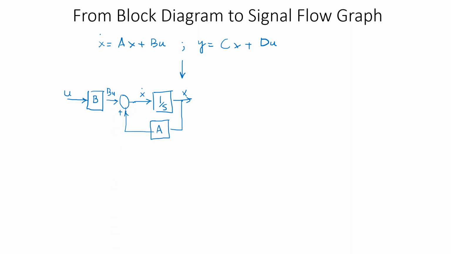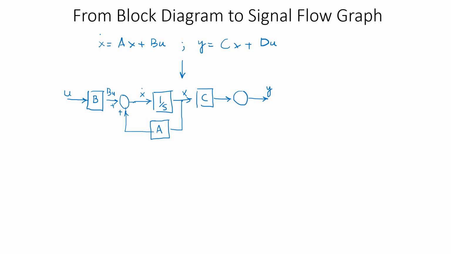Then I have to account for the output equation, and for the output equation you can see that output is equal to C multiplied with x. So x is available over here, I can make use of that, and that would be when you multiply with the output matrix C to get Cx, and that is then added with something coming in from somewhere else to generate output Y. But that something else is actually D multiplied with U, so I can get that from this side.